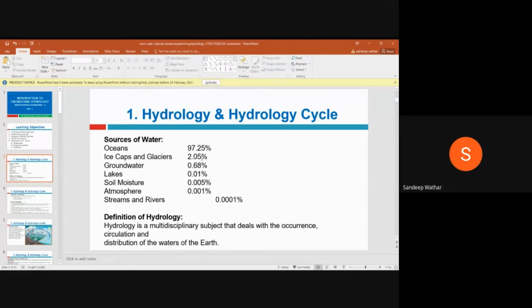The next is whatever fresh water is there, which is categorized over here. As you can see, in ice caps and glaciers it is around 2.05%. Again, this is the water available in the extreme poles of the Earth. I can go back and show you a Google image to help you understand.